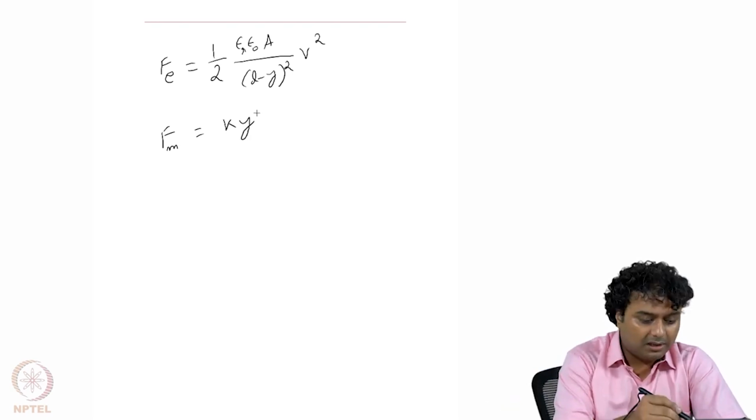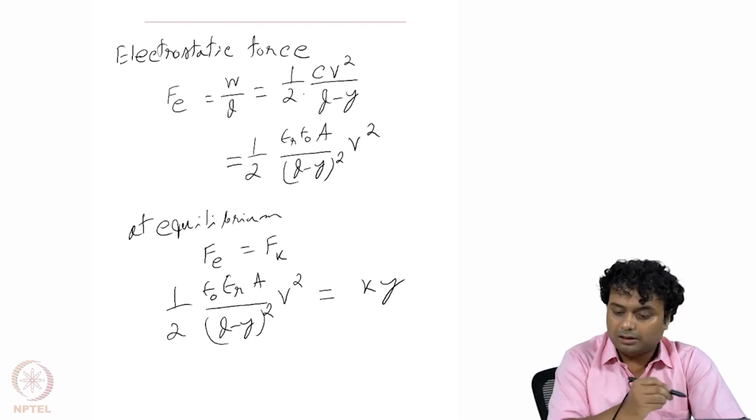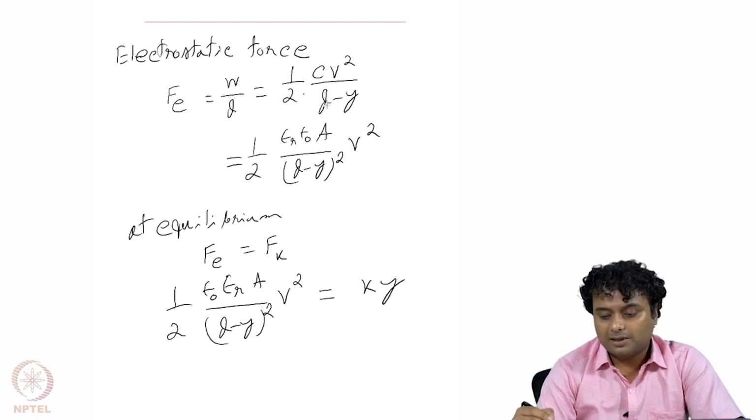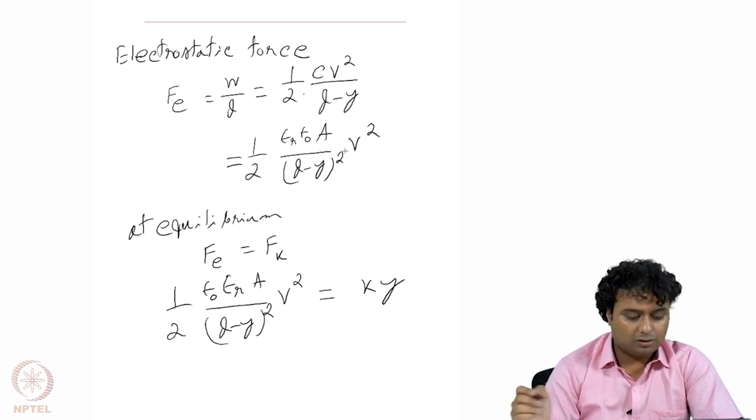So where am I getting that from? I have already derived this expression here. We know the electrostatic force is W by D, which is half CV square divided by D minus Y, because if Y is the deflection, then the gap between the top plate and the bottom plate is now D minus Y, and then you write C also in the form of epsilon A by D, then you get D minus Y whole square.